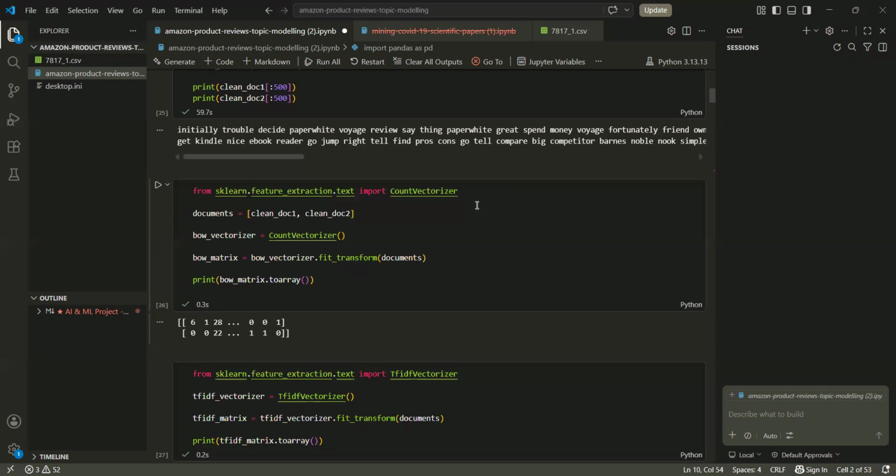I used the scikit-learn CountVectorizer and the TF-IDF vectorizer libraries to generate these vector representations.